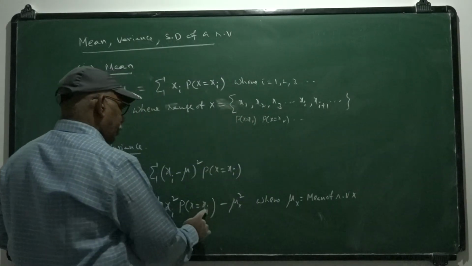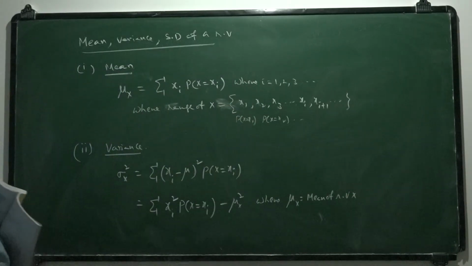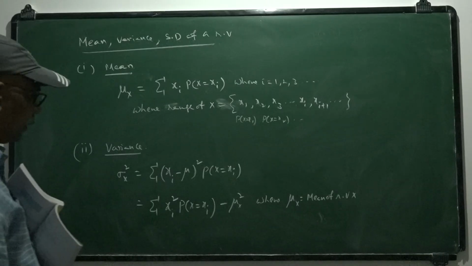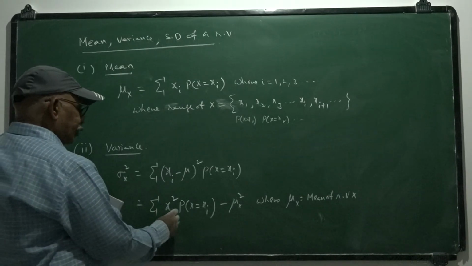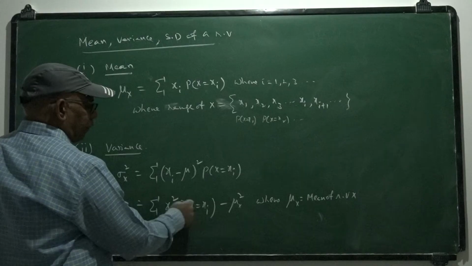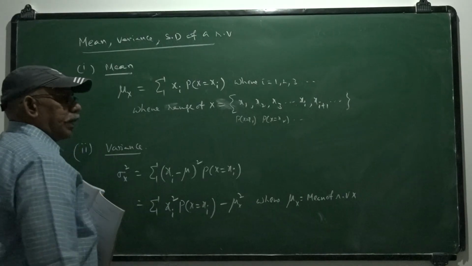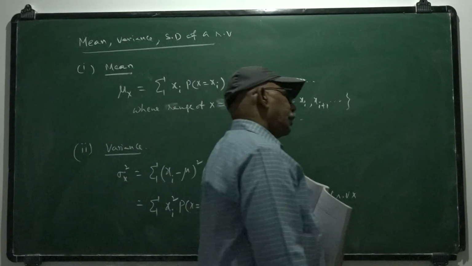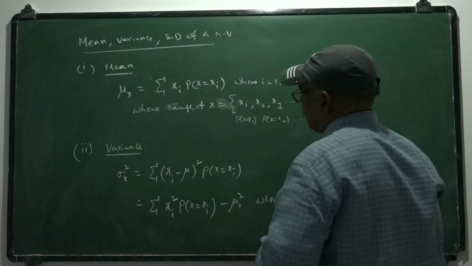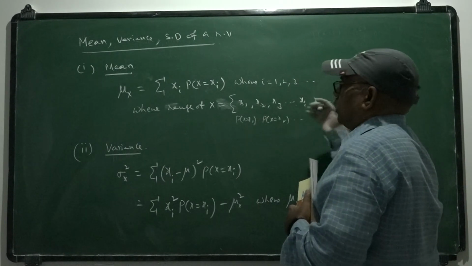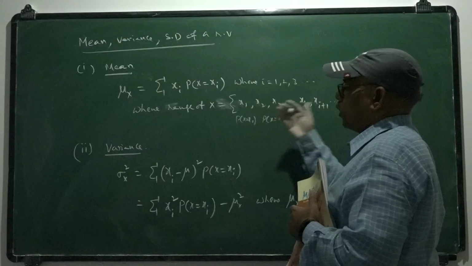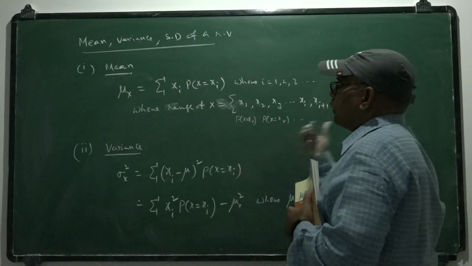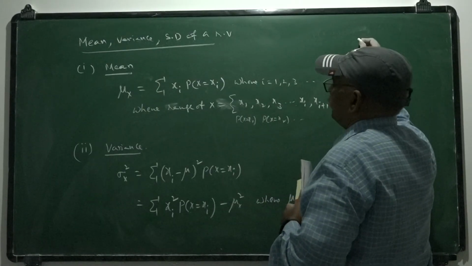Once the mean is obtained, you can find the variance of the random variable by sigma xi square into the corresponding probability minus mu square. That gives us how the values of x vary among the distribution.